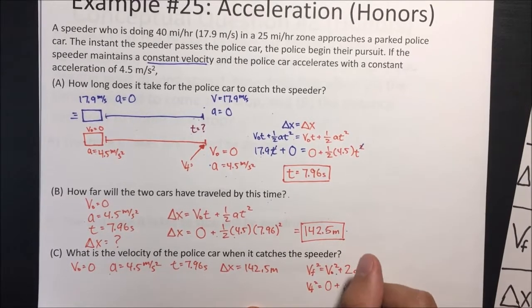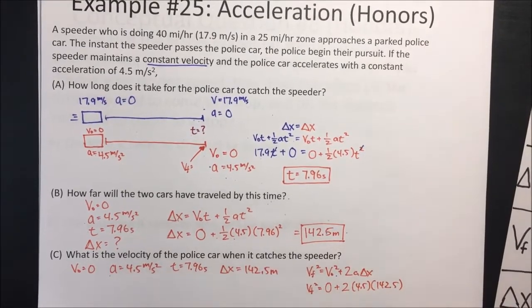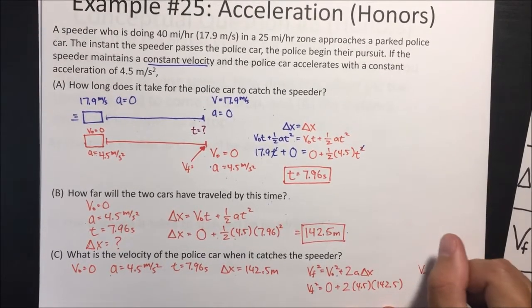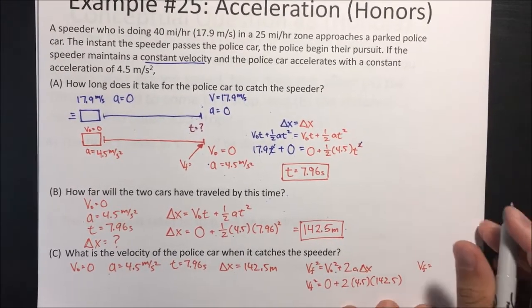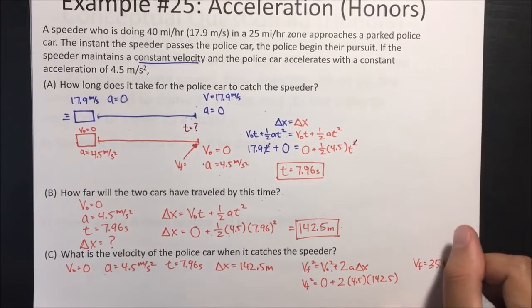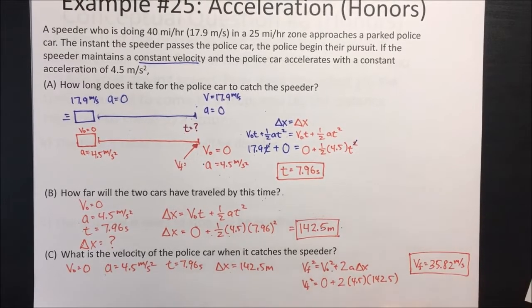Initial velocity is 0 plus 2 times 4.5 times 142.5. And then what we get for this is final velocity is equal to 35.82 meters per second. Okay, so going by pretty fast when it catches them.